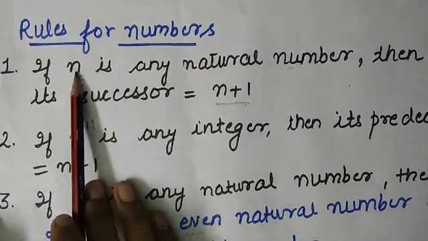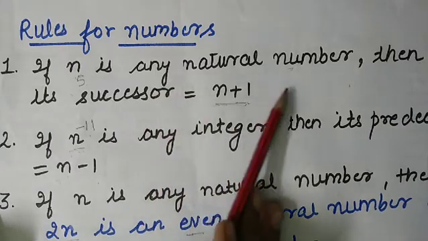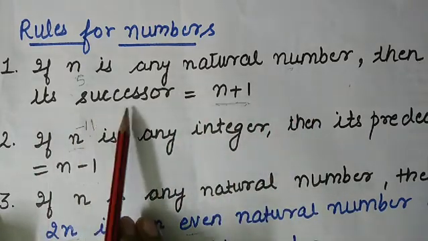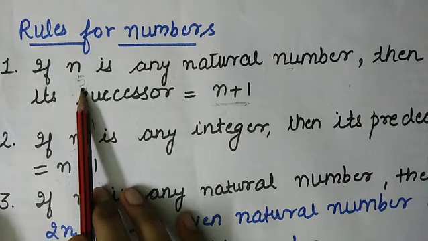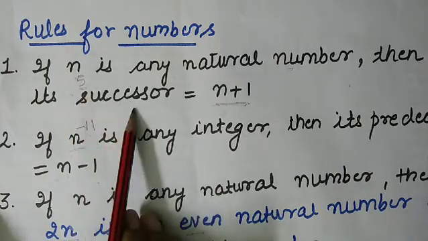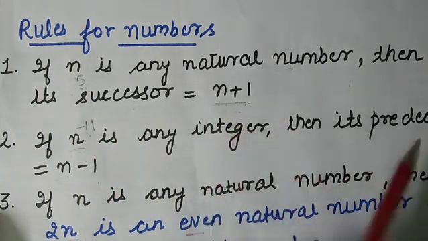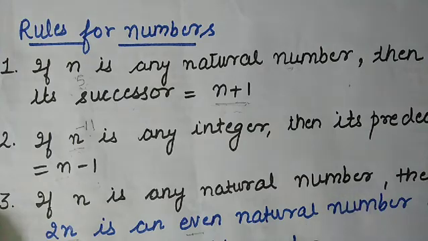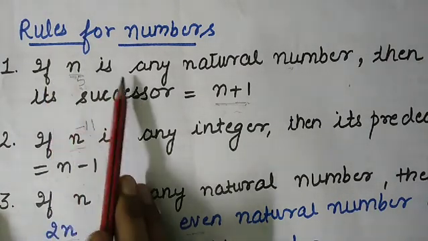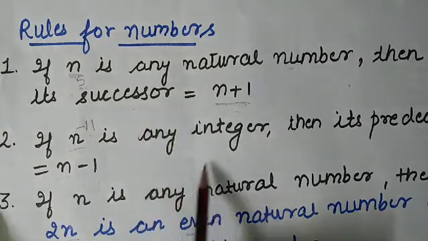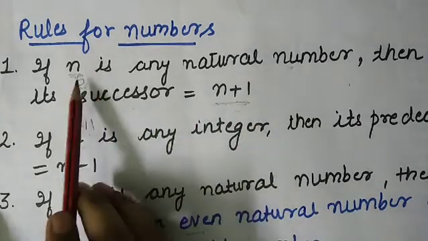If I am taking 5 as a natural number, then its successor means one more than the given value, and here the given value is 5, so its successor will be 6. If the number is represented by a variable, say n, then its successor will be one more than the value of n.